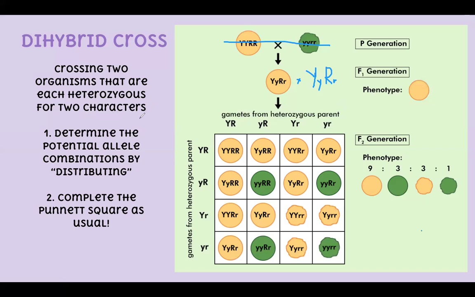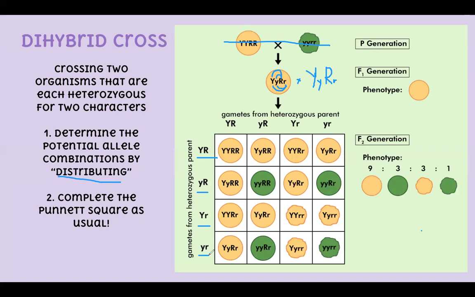Okay, so this first step is to distribute. Figure out all the possible gametes. Here's how we do that. Big Y distribute to big R. Here's one gamete. Little y, big R. Big Y, little r. Little y, little r.